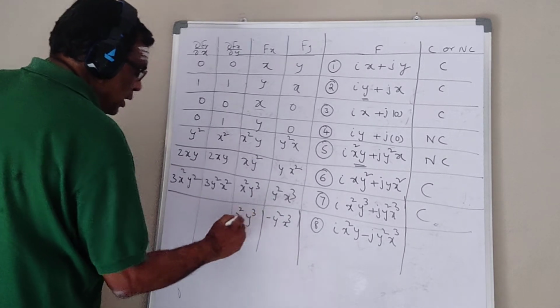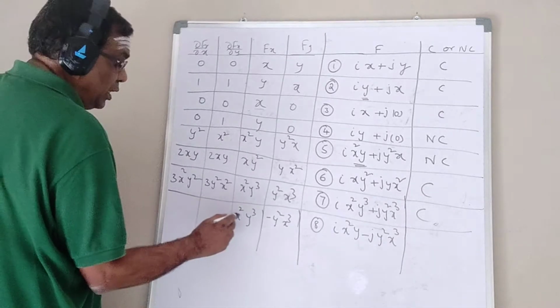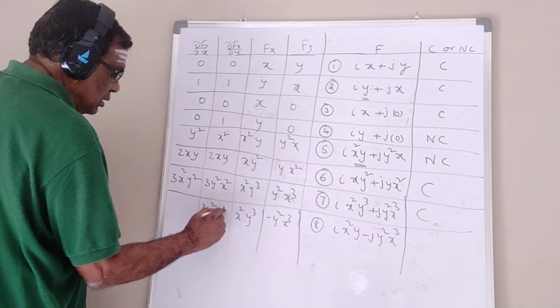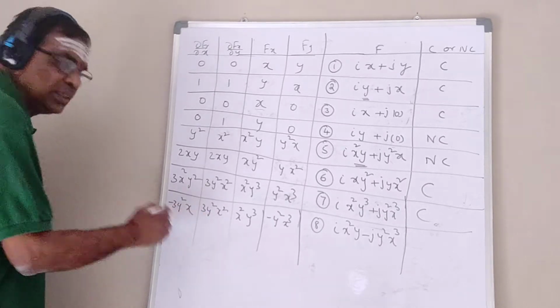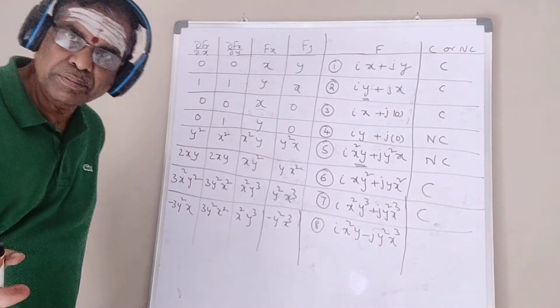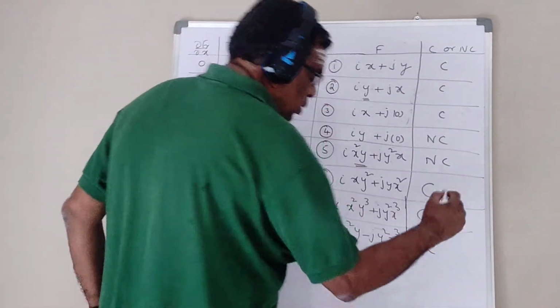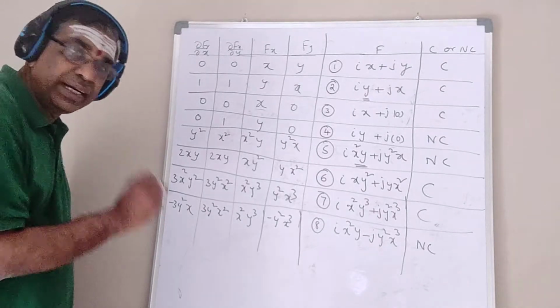So what do you get? Dou fx by dou y, 3y square x square. This is plus, this is minus, they are not the same. Therefore, this is bound to be non-conservative. I hope now you are getting the concept behind it.